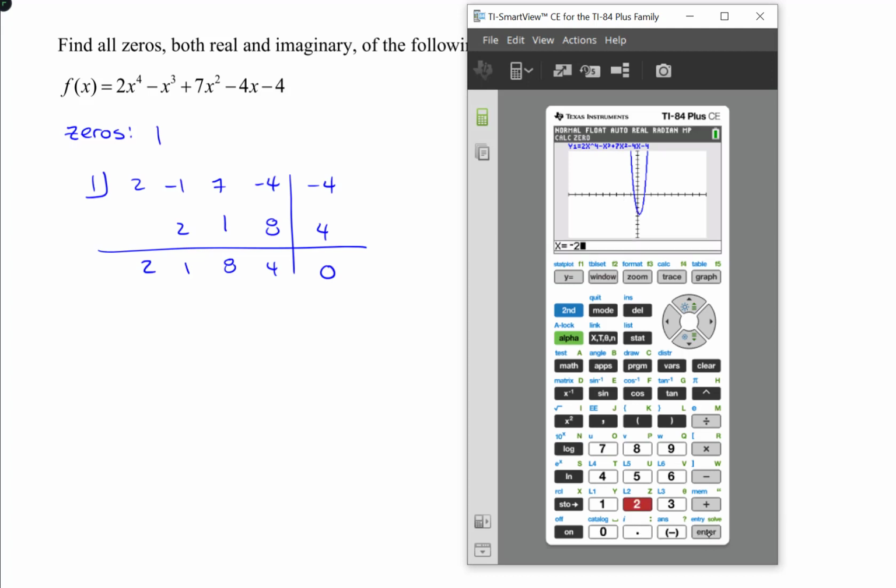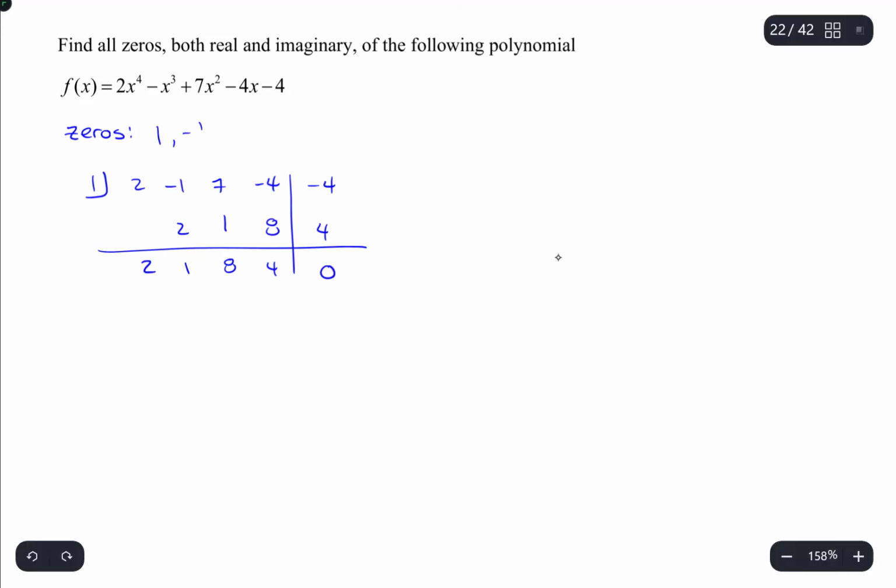So like it's somewhere between -2 and 0 for sure. And then the initial guess I'll set at like -0.5. And then it calculates what that 0 is in that range. And it does come up with -0.5. So -1/2 is a 0.